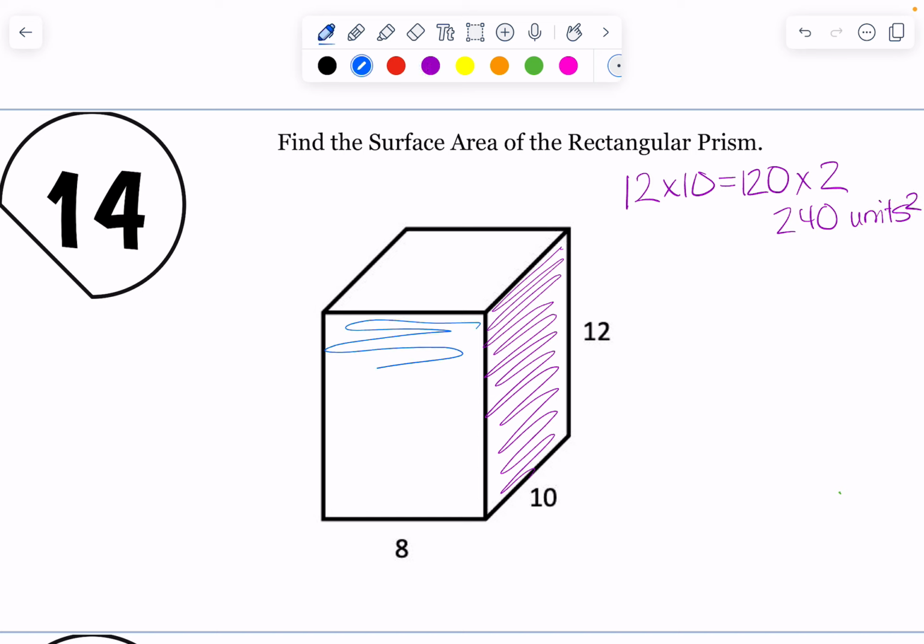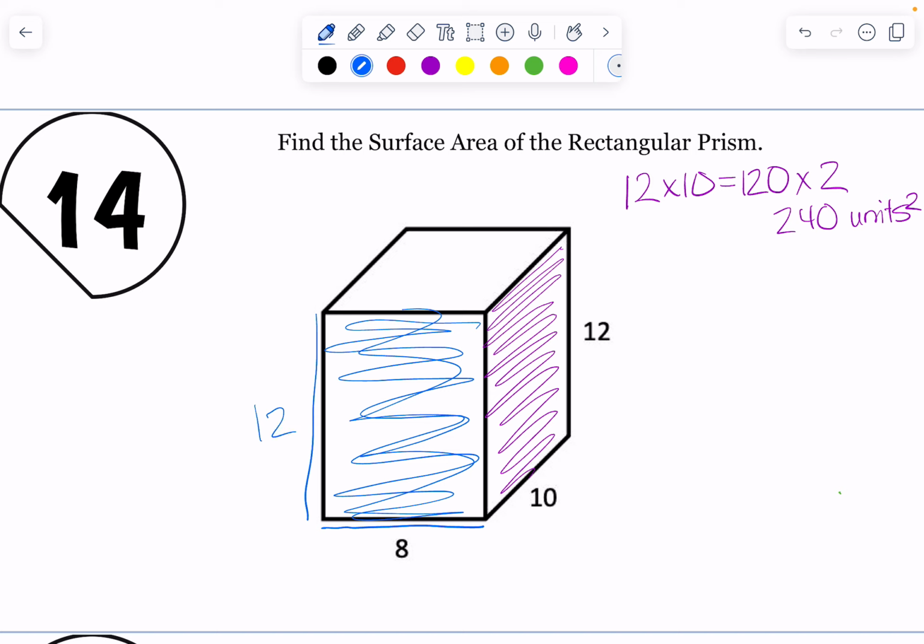If I think of this blue side here, those dimensions are 8 by 12. So I'm going to multiply 8 times 12 to get 96, and then I can multiply 96 times 2 to get 192 units squared.